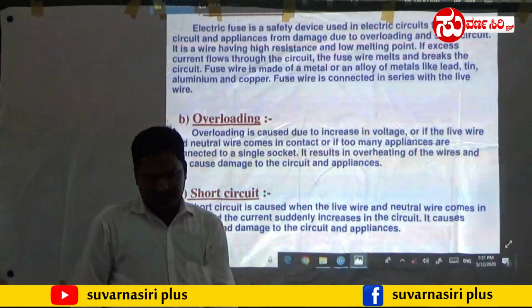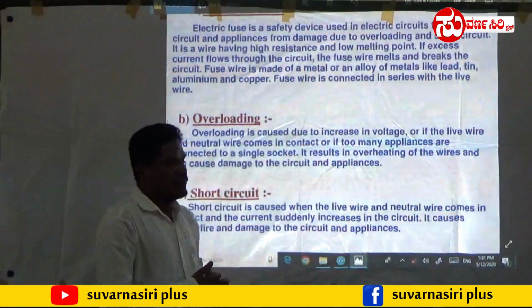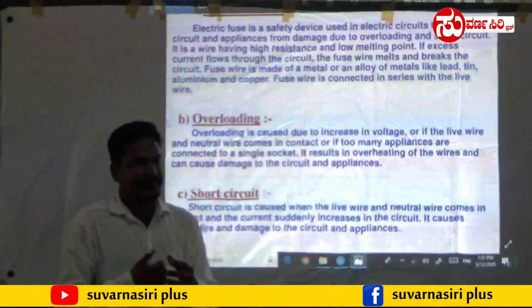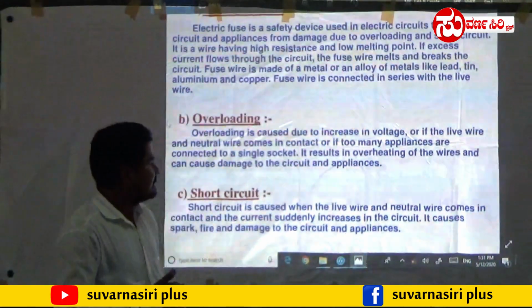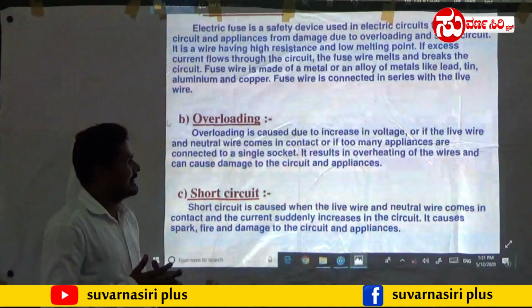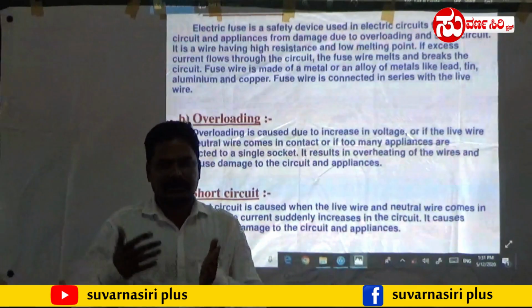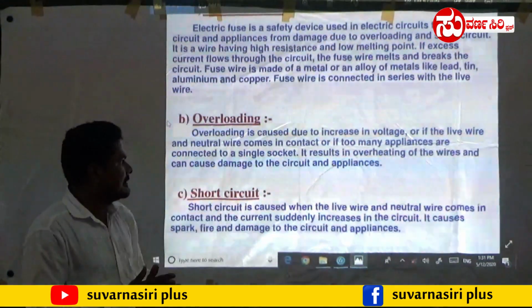At what time is overloading caused, and how do we prevent it? First, overloading is caused by an increase in the voltage. If voltage suddenly increases, what will happen? A larger amount of current will pass.